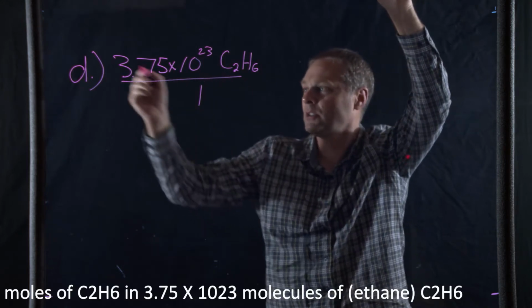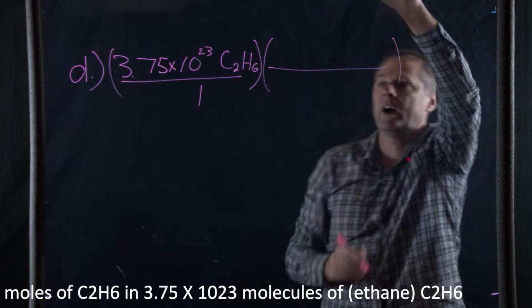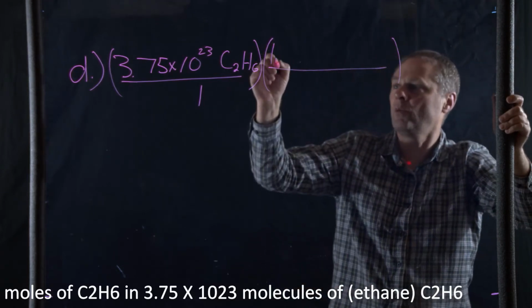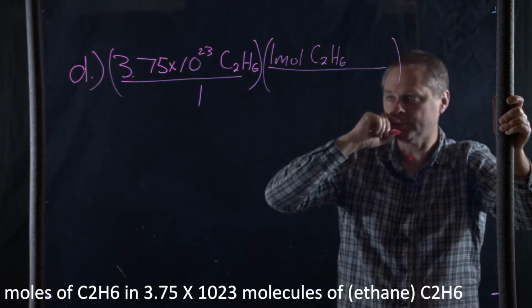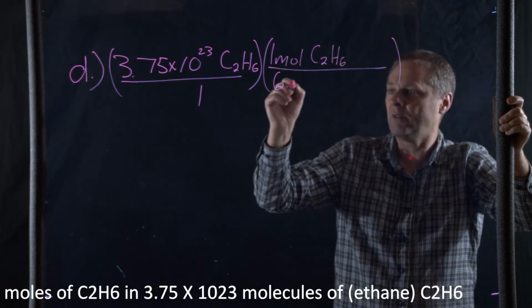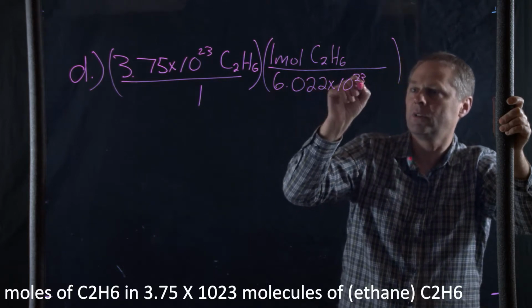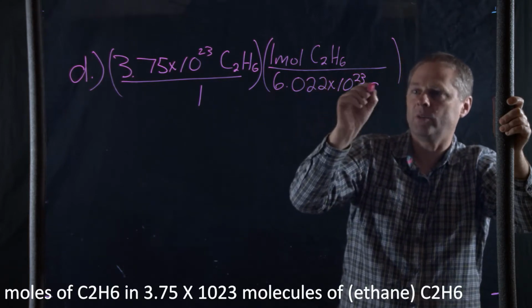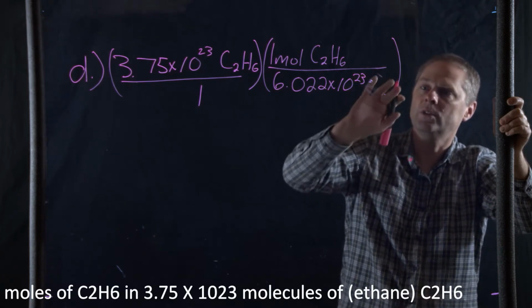I'm not going to write molecules up there for space. And we're going to divide this by Avogadro's number, such that we have 1 mole of ethane divided by Avogadro's number. These are molecules.